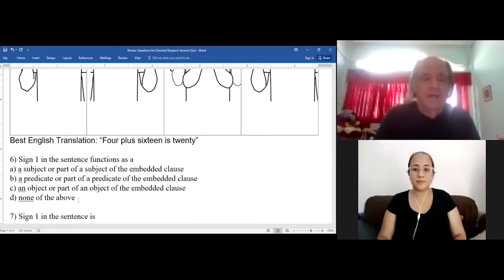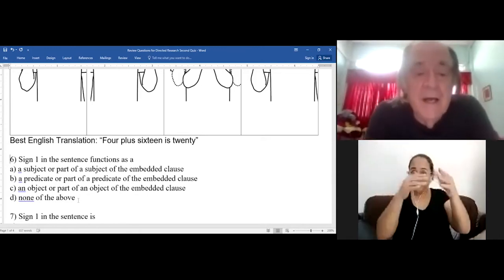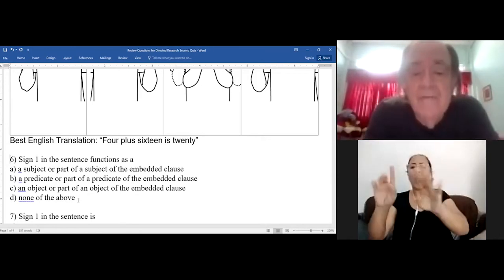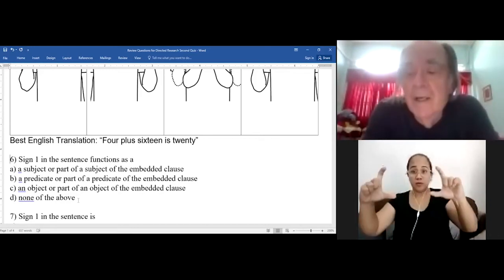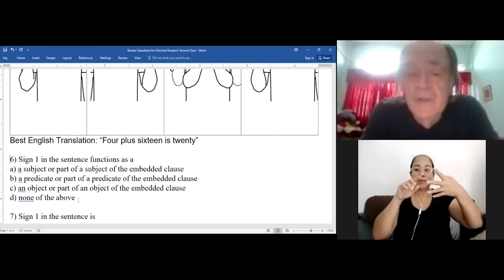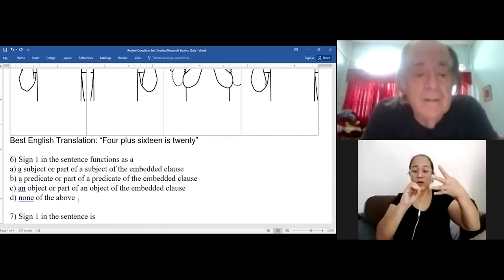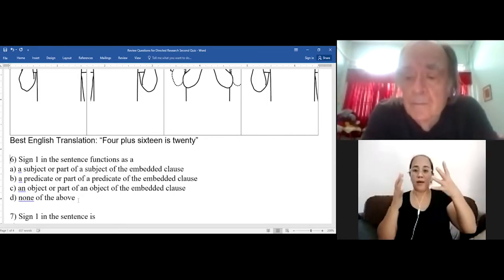All right, sign 1 again, the number 4, functions as A, a subject or part of a subject of the embedded clause. B, a predicate or part of the predicate of the embedded clause. C, an object or part of the object of the embedded clause. D, none of the above.